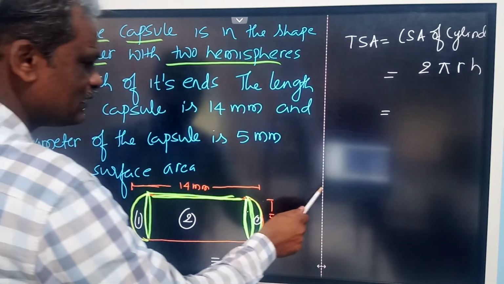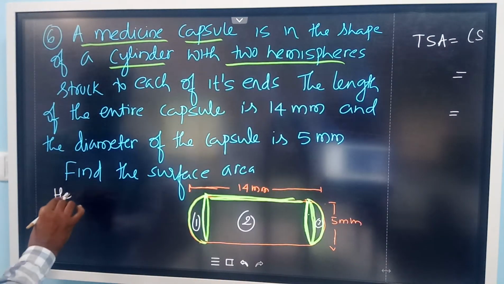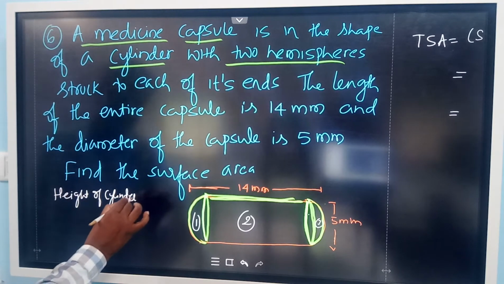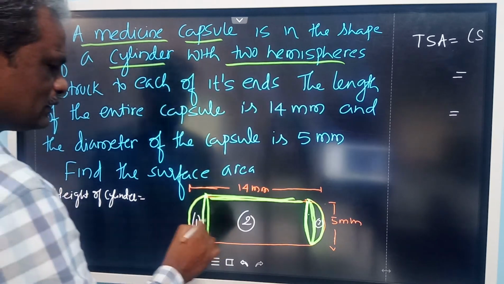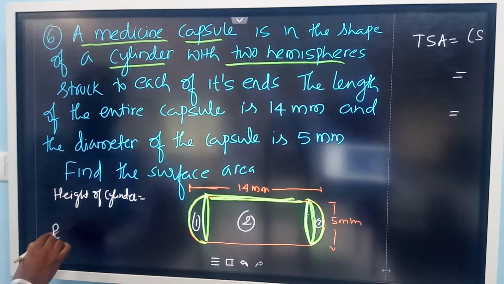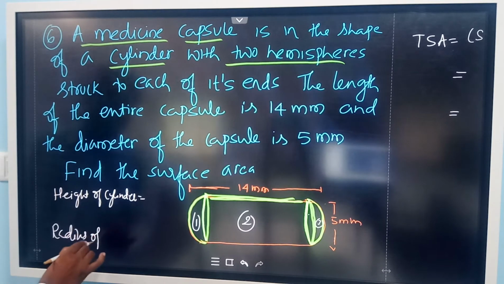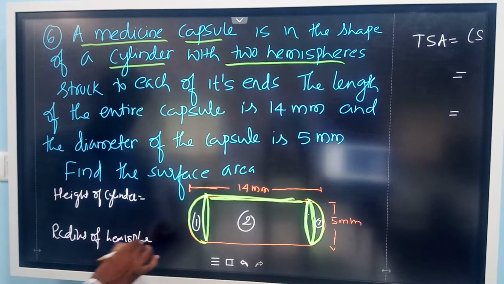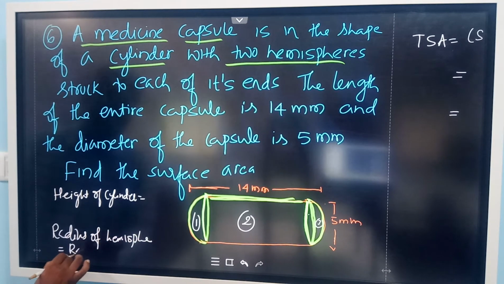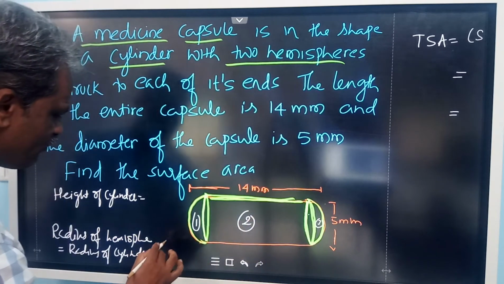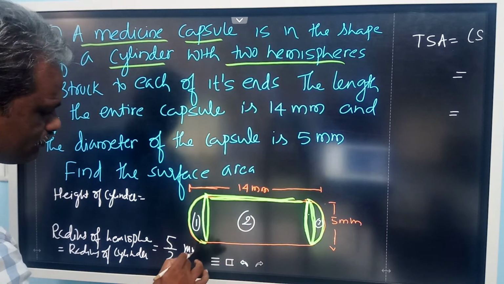Before that, the radius of the hemisphere and the radius of the cylinder are the same, equal to the diameter divided by 2, that is 5 by 2 millimeter.